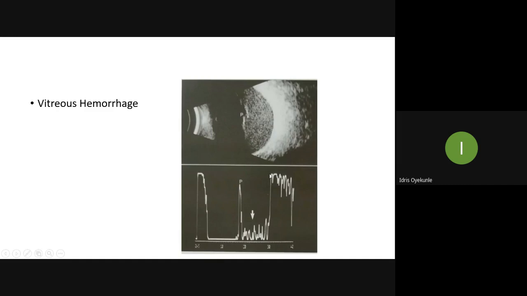In retinal detachment, you see 100% spike. And then we can see the arrow here, which shows very low reflective spikes of the hemorrhage, which corresponds to the aspect of the hemorrhage before we see the retinal spike here. So this is a retinal spike. Yeah, so this is also a retrohyaloid vitreous hemorrhage.